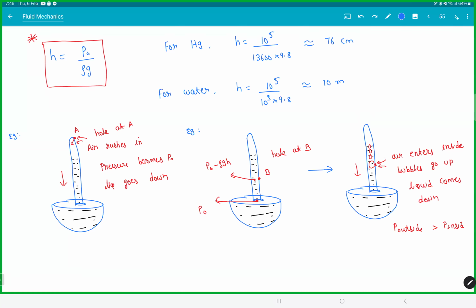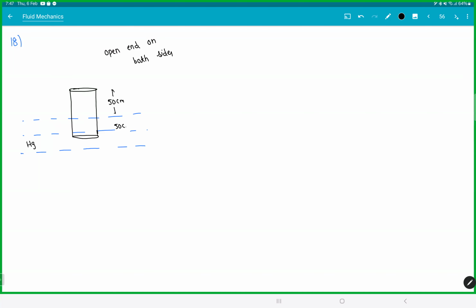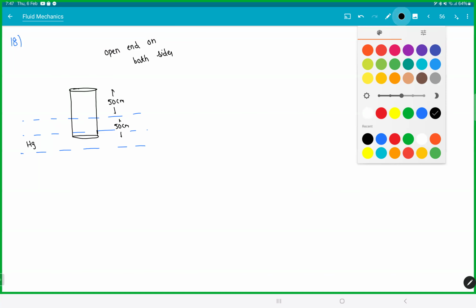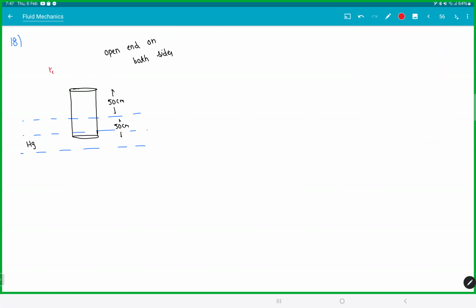We have a liquid. You took an open pipe, open end on both sides. This is mercury. This is 50 centimeters. This is also 50 centimeters. Outside the pressure is P naught, which can be treated as 75 centimeters of mercury column.